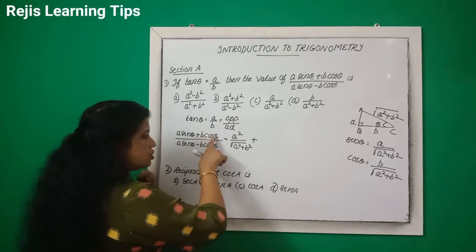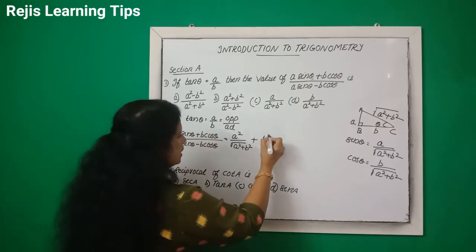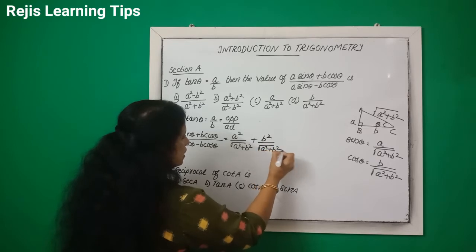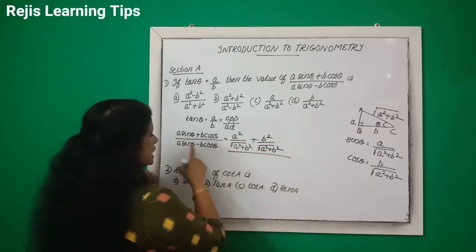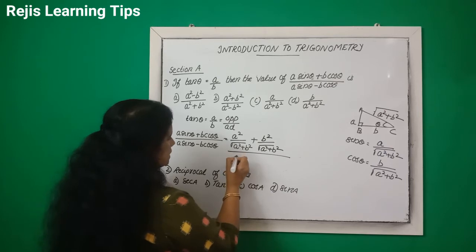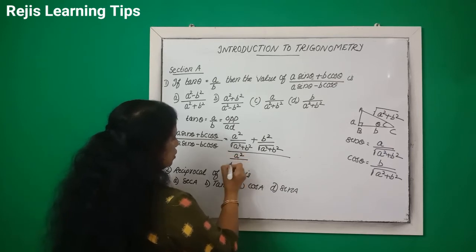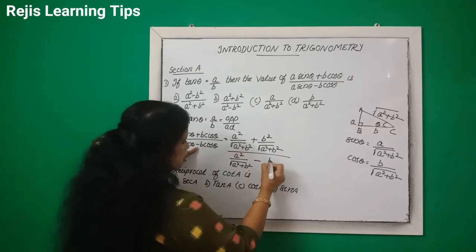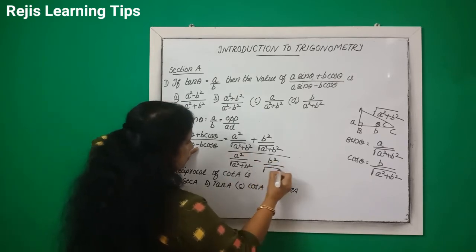So B into B is B square divided by root of A square plus B square, divided by A sin theta, which is also A square divided by root of A square plus B square, then minus B cos theta, which is B square divided by root of A square plus B square.